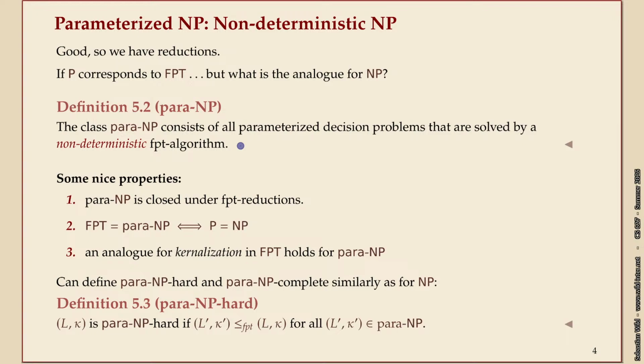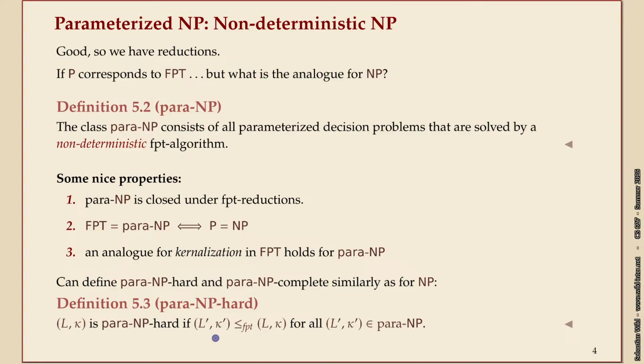And because the class is so analogous to NP, we can also define hardness in the same way. We can say a parameterized problem is para NP hard if every other problem in para NP can be FPT reduced to it. Exactly the same as we defined NP hard.